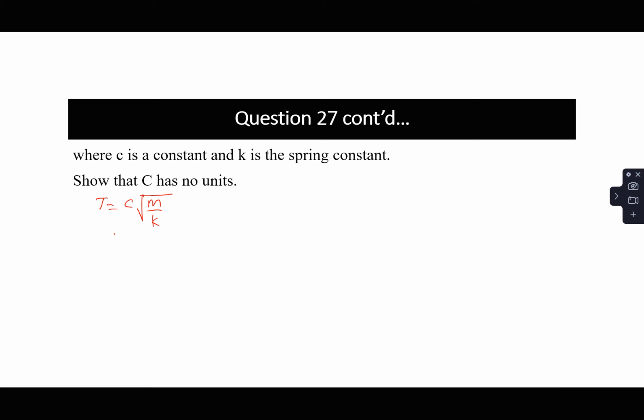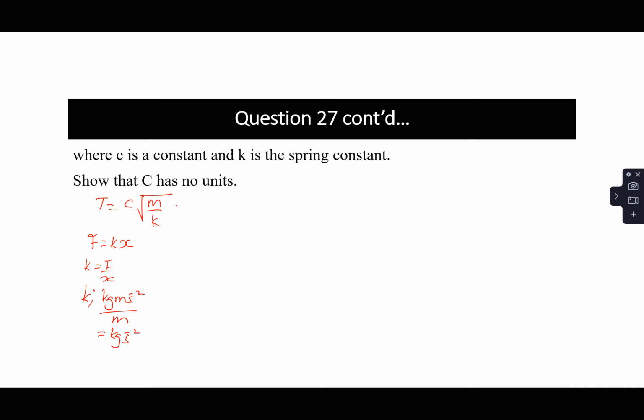So we can begin by finding the units of the spring constant from Hooke's law. The load is equal to a constant times the extension, so the constant is equal to the load over the extension. The base units of K are force, kilogram meters per second squared, divided by meters, which means the base units of K are kilogram per second squared.